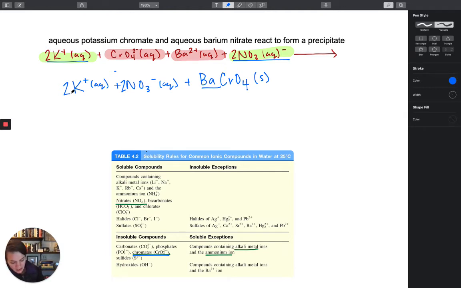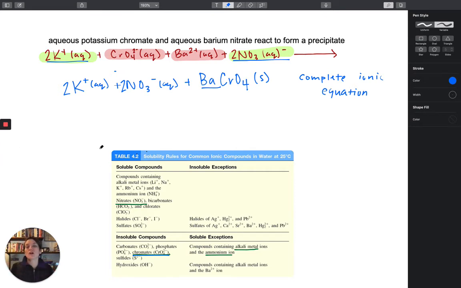And here we have what is called our complete ionic equation, which is something that you'll see in your lab this week. Okay, so that's the evaluation process that we're going to go through.